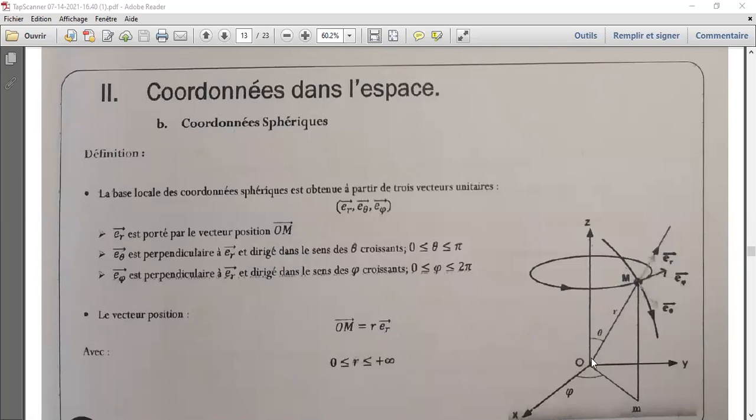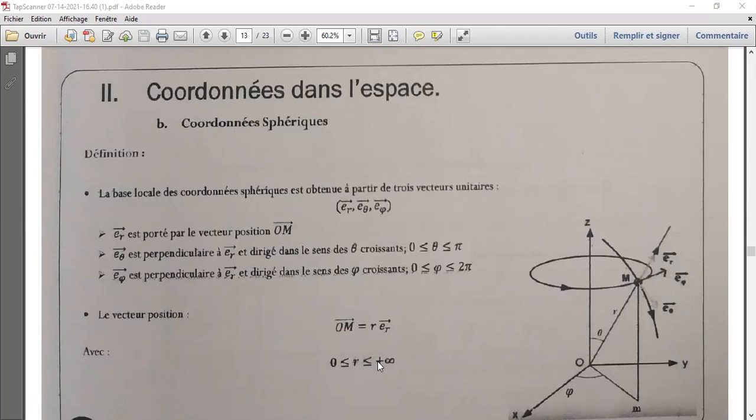We know that the angle theta is constant, so you only remain with what? R, which is a component. So when you're finding the position OM, it's always R ER, the radius which you have been given. And this R is between 0 and positive infinity, meaning it can be any positive number.